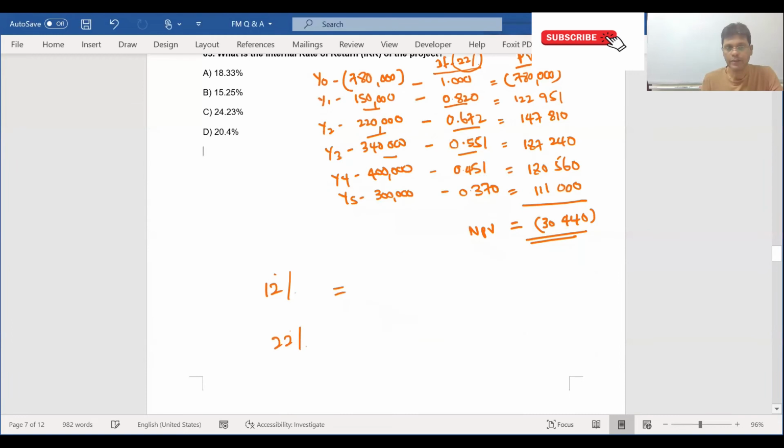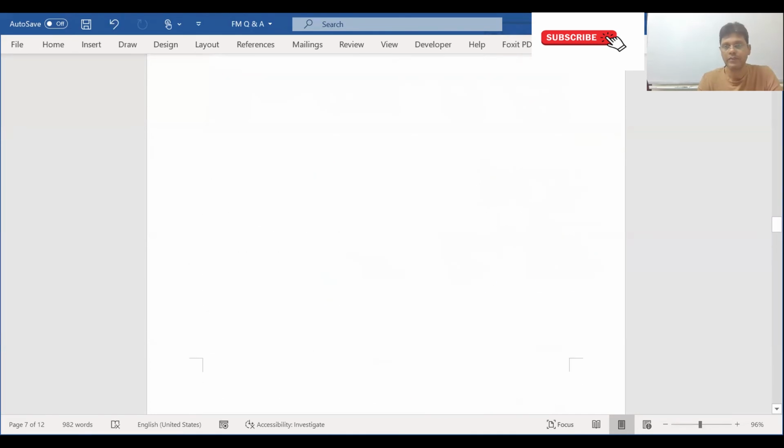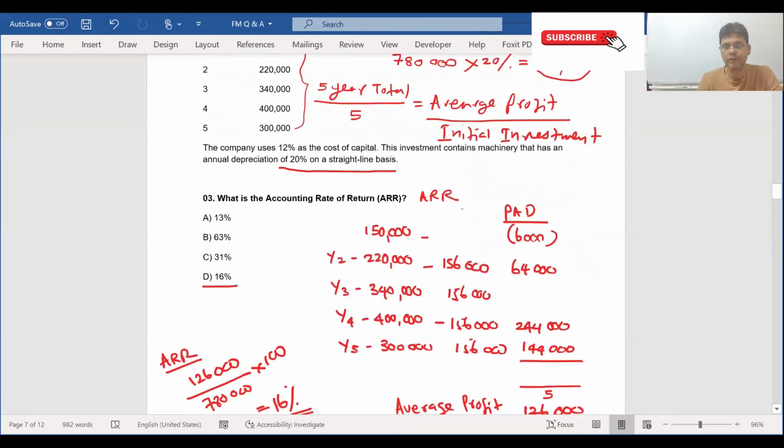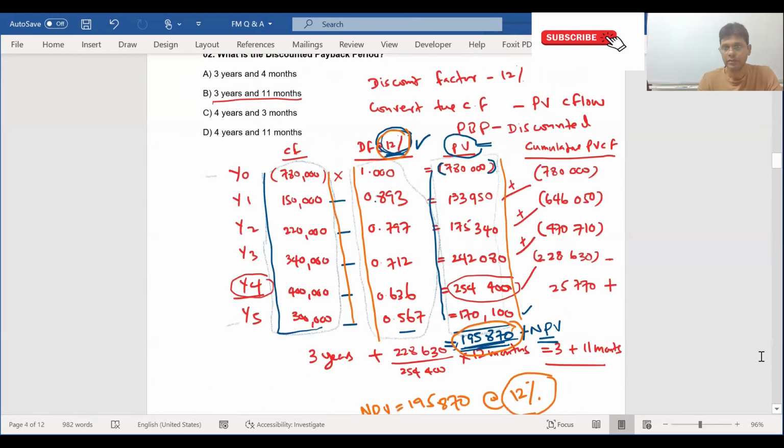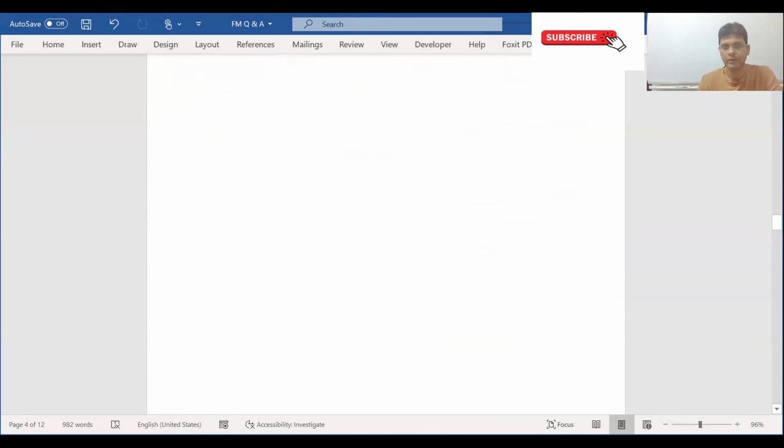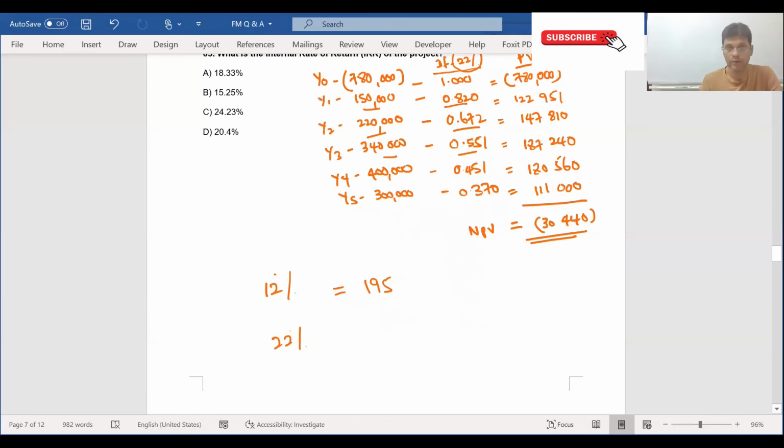So at 12%, it was 195,870, let me get the correct figure. 195,870 is a positive value.